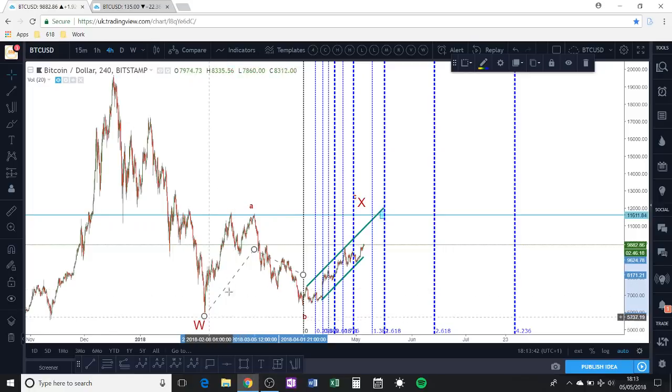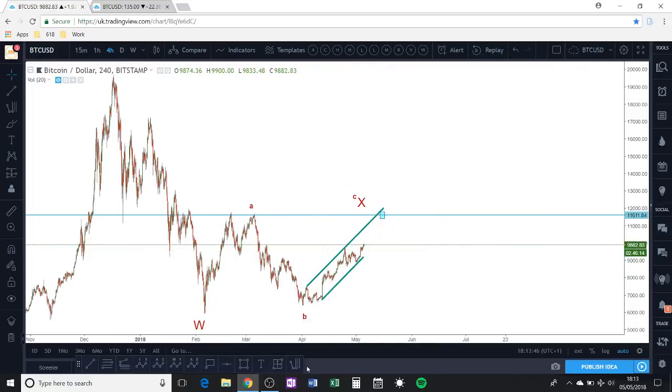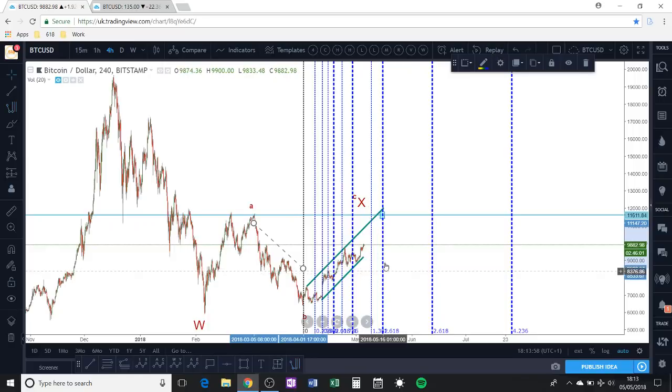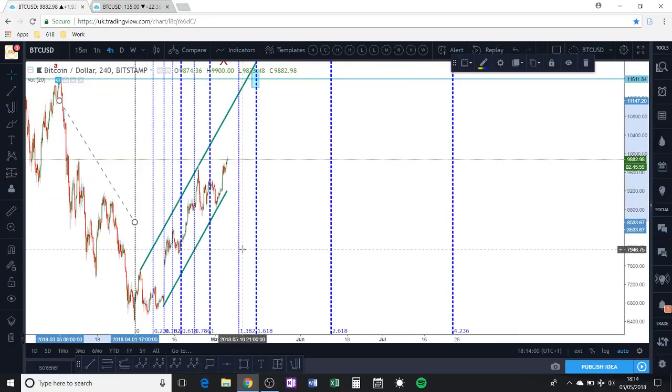So that's if we did a fib extension of wave A. And the other way of plotting an estimate for wave C is if we do a fib extension of wave B. So wave B started here, it finished here, and again we've got our 1.618 sitting right nicely in this box, date being 16th of May.